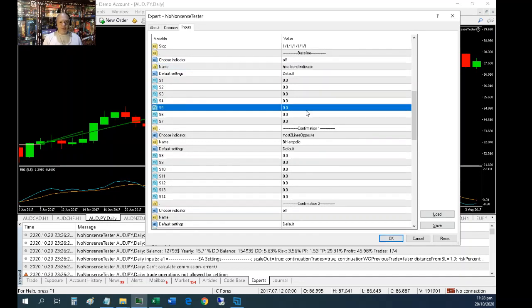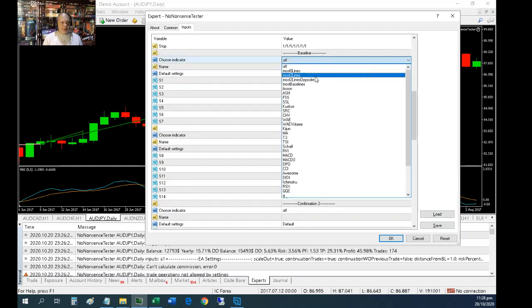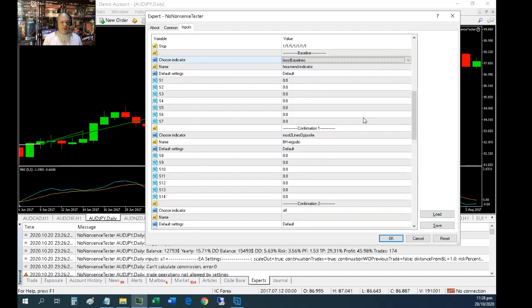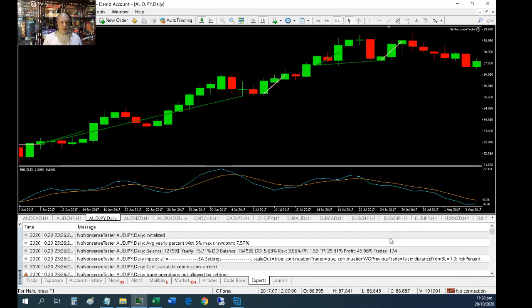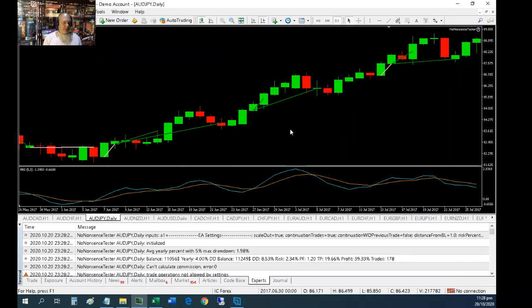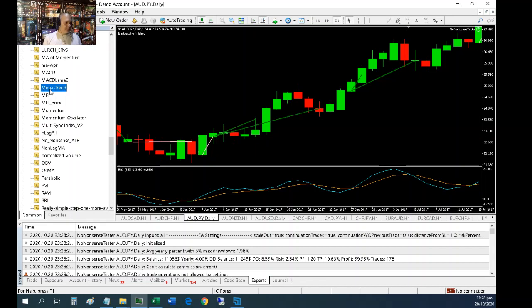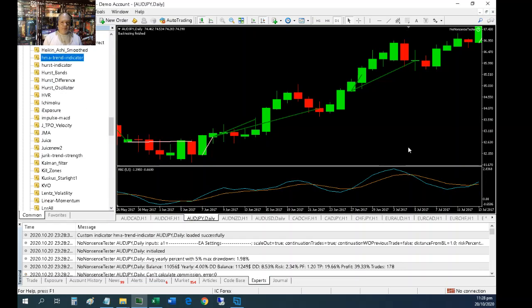I'll put it in baseline. I'll test this as a baseline. So now I have the baseline and a C1 indicator. And when I test it, okay, let's load the HMA trend indicator. Okay.